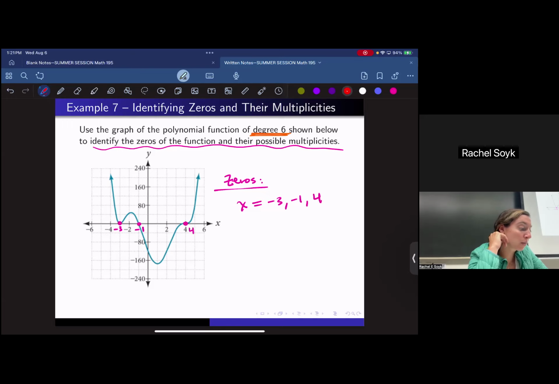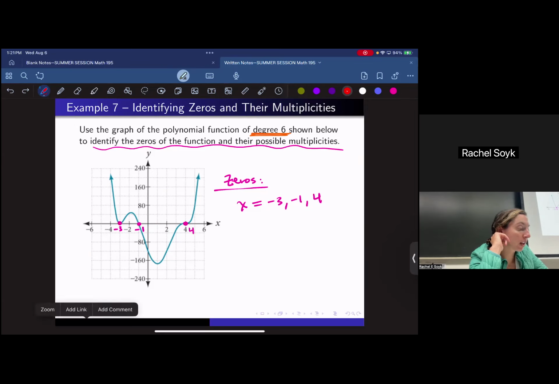Now, in terms of multiplicities, again, we have a polynomial function of degree 6. So right now we have just 3 zeros. We're missing 3. So where do you think a multiplicity lies? Do you think -3 is repeated?